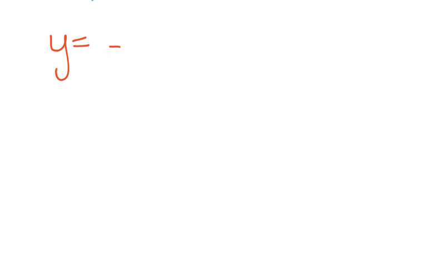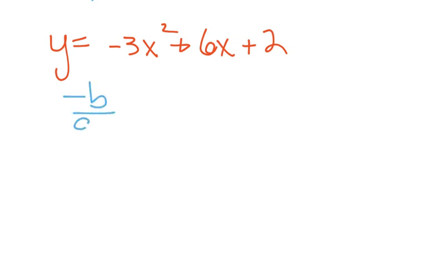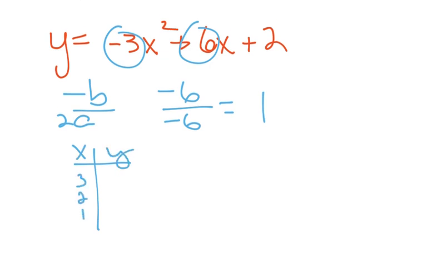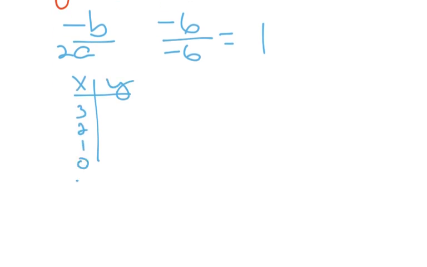Say this is -3x squared plus 6x plus 2. In graphing this, we need the vertex, which is -b over 2a, so -6 over twice a, so 2 times -3, which is also -6, gives me an x value of 1. So we get our table, 1, and we go each direction, 2 numbers.